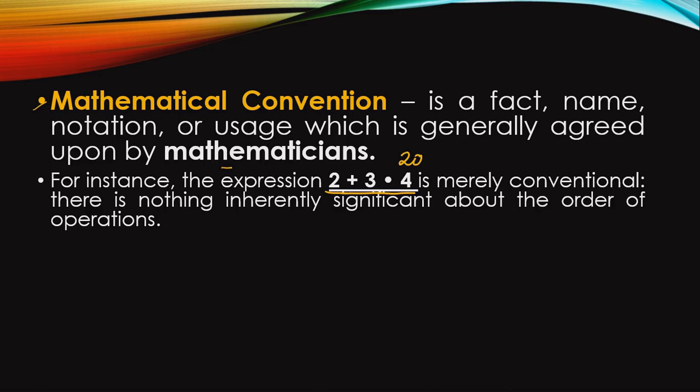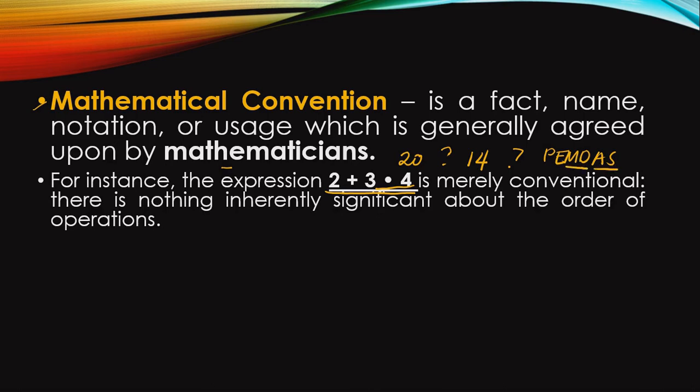Others would say the answer is 14, because you multiply 3 times 4 first, 12, plus 2, 14. So which one is correct? Because of mathematical convention, mathematicians agreed on a rule: we use PEMDAS so that everyone gets the same answer. According to PEMDAS, we do the multiplication first, and the addition comes later.